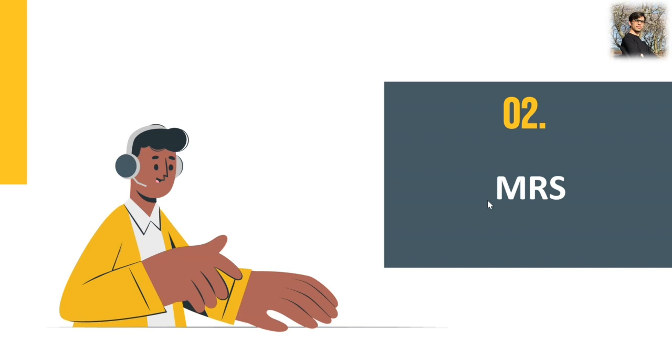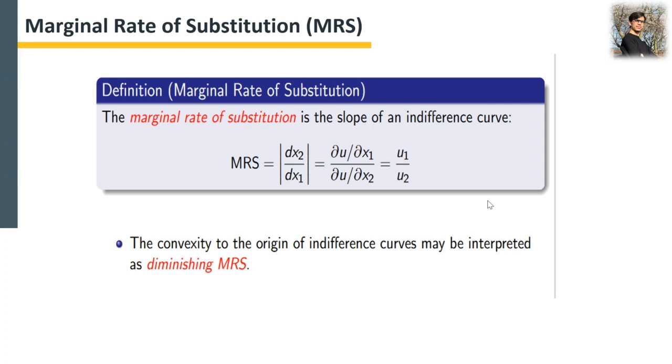What is this concept for and how can we derive it? The marginal rate of substitution is the rate at which we substitute one good or commodity with another good while the overall level of utility is being fixed. Or, another way to explain it, the marginal rate of substitution is the slope of an indifference curve.